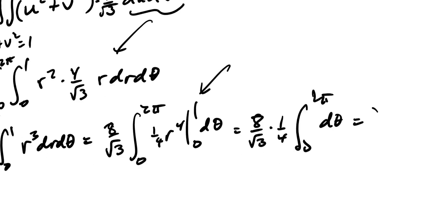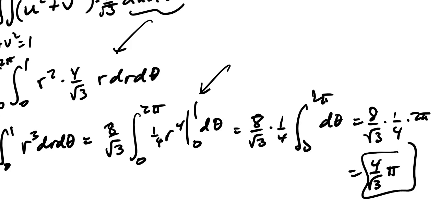So this is 8 over root 3 times 1/4, and theta from 0 to 2 pi is 2 pi. I think this is 4 over root 3 times pi. And that's the right answer.